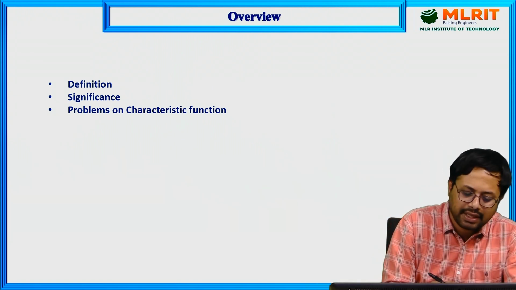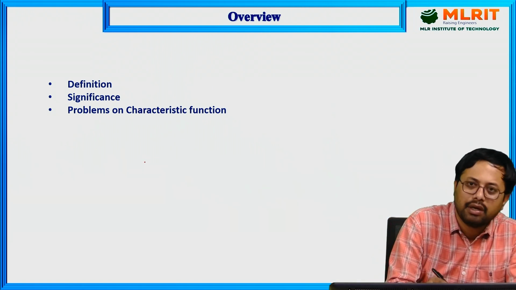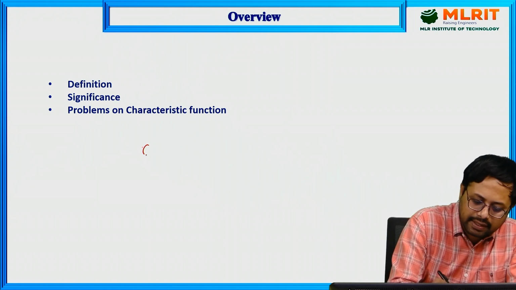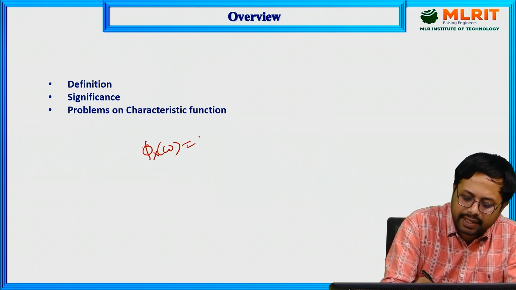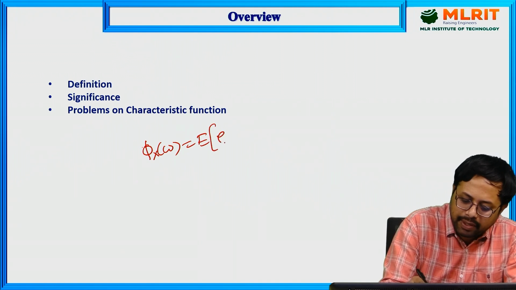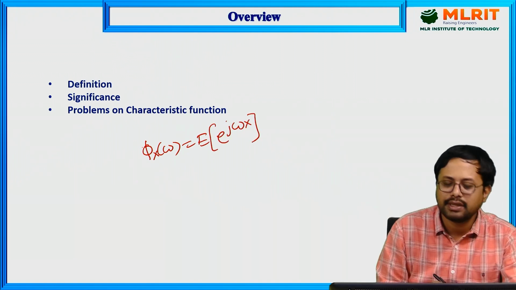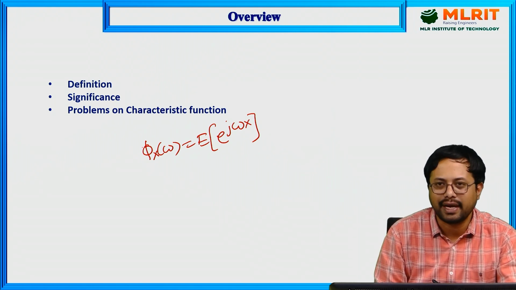First of all, the characteristic function. The notation is phi x of omega, which is equal to the expectation of e power j omega x. This is the general definition of characteristic function.